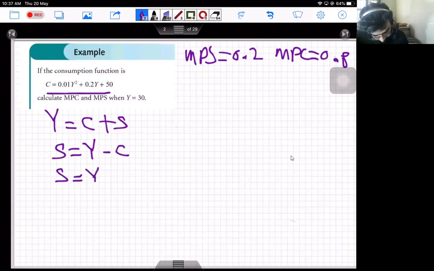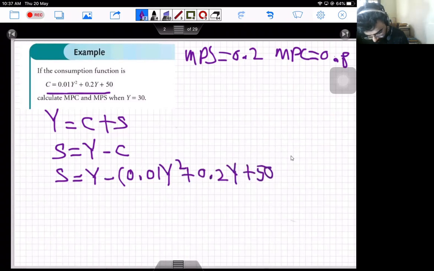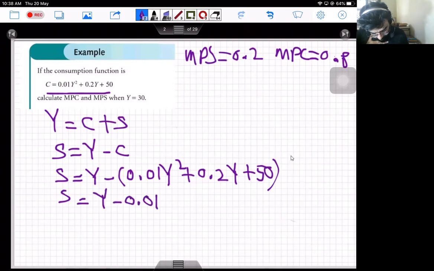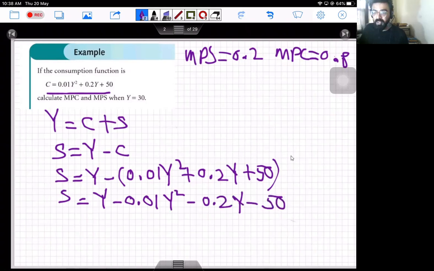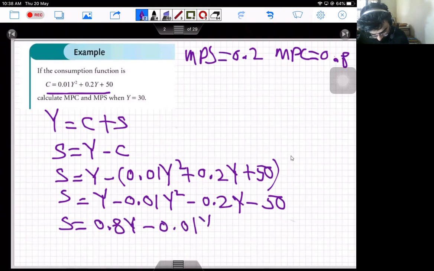So S is equal to Y minus (0.01 times Y squared plus 0.2 times Y plus 50). Now we are supposed to expand this whole equation. So S is equal to Y minus 0.01 times Y squared minus 0.2 times Y minus 50. Now Y and minus 0.2 times Y can be simplified, giving 0.8Y. S is equal to 0.8 times Y minus 0.01 times Y squared minus 50.